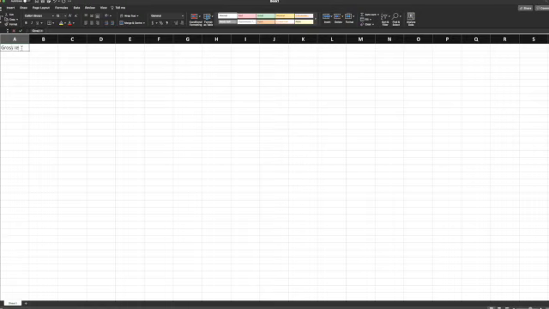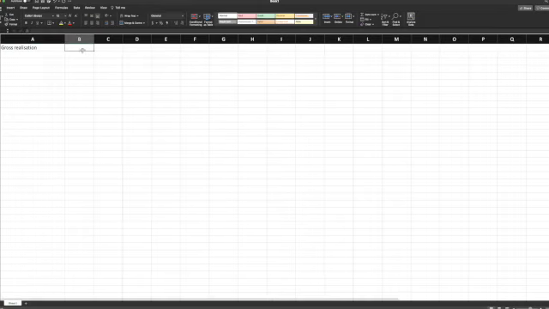Here we're going to call it the gross realisation, and open that column up a bit. And here we're going to put the number of apartments. At this point in time, we're only talking about average number of apartments, average size of apartments, average value of apartments. Everything at this point is average because we don't have a set of drawings to work from. So let's just say we're looking at a 30 apartment development.